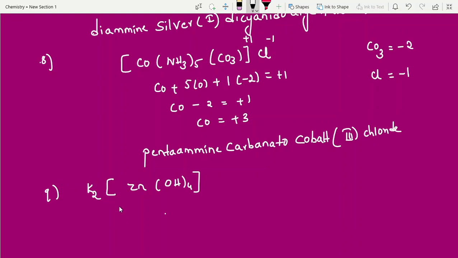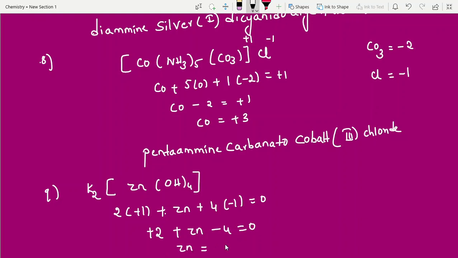This is 2 into +1 plus Zn plus 4 into -1 equal to 0. So +2 plus Zn minus 4 equal to 0. Then Zn equal to +2 oxidation state. Calculated, completed.